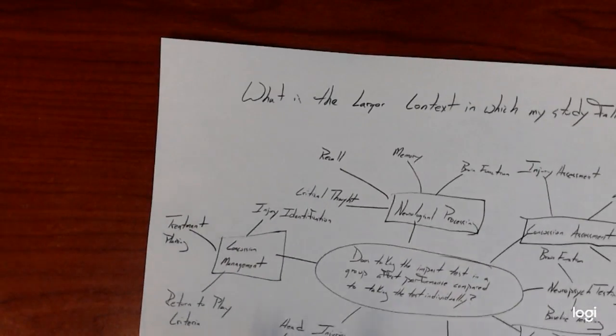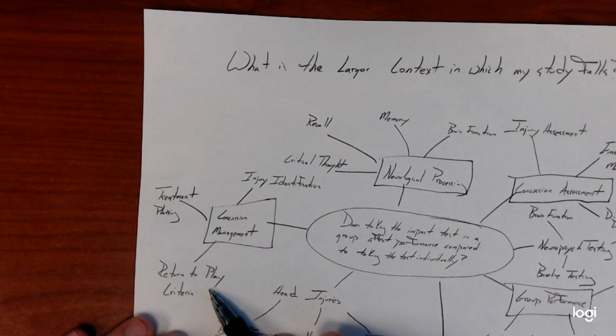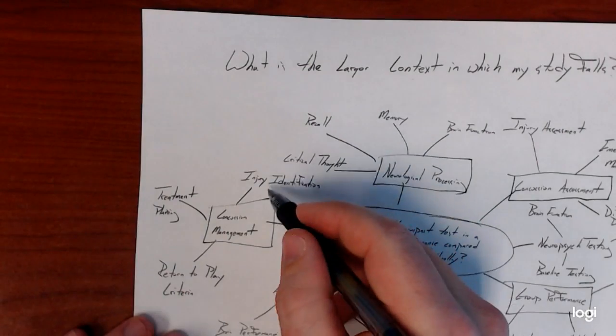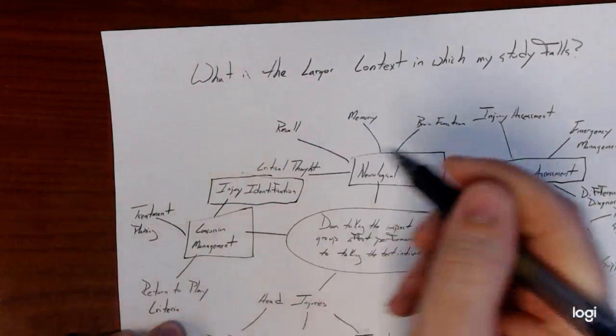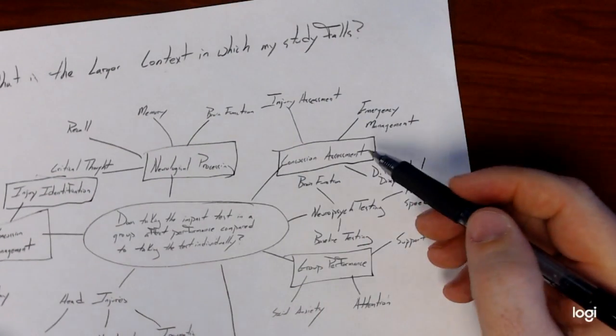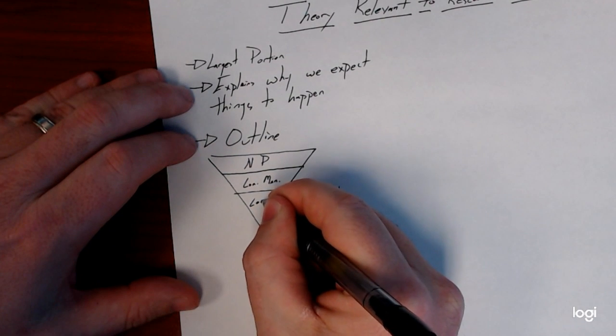So you can see here, concussion identification, treatment planning, return to play. This makes sense because concussion injury identification, right, is immediately then going to lead to concussion assessment, right, which is our next aspect.